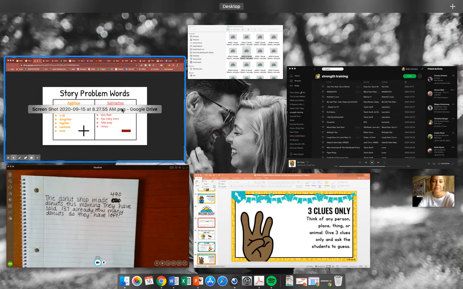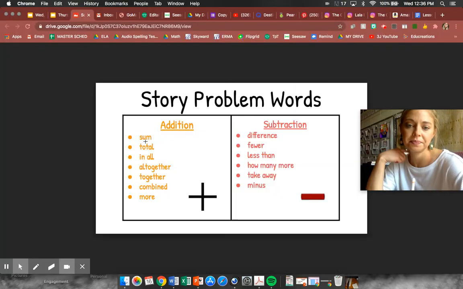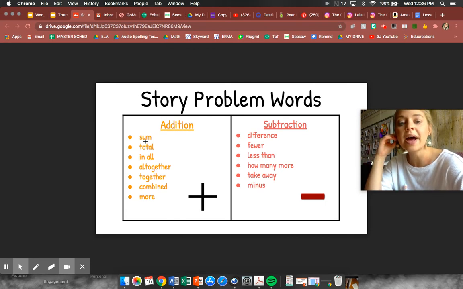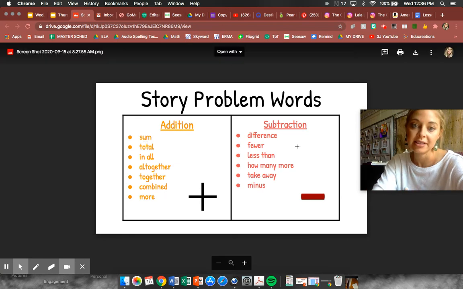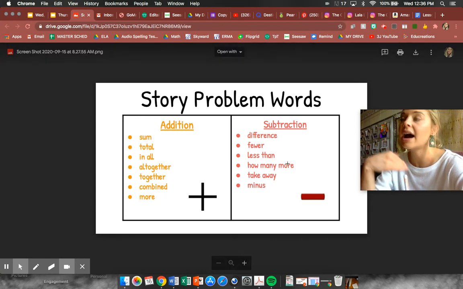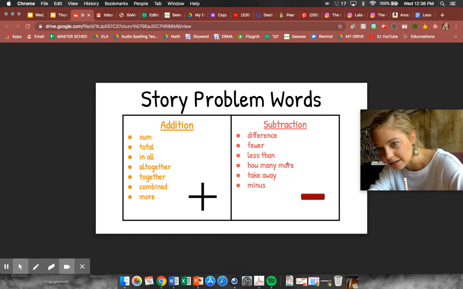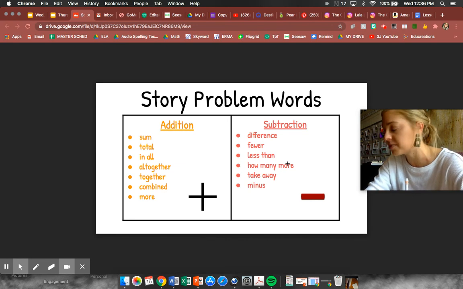So remember, if we go back to this chart, I see the words, how many donuts do they have left? Okay, so you know what? I should have put that underneath subtraction here because how many left means you're going to have to figure out that problem by subtracting, okay? Because they made 490 donuts in the morning for the whole day, and so far they have sold 137.